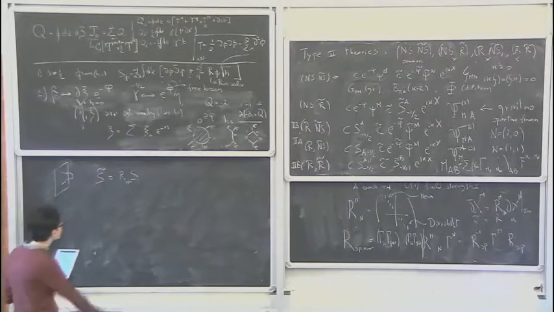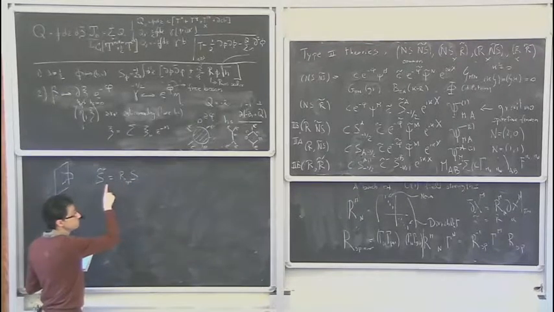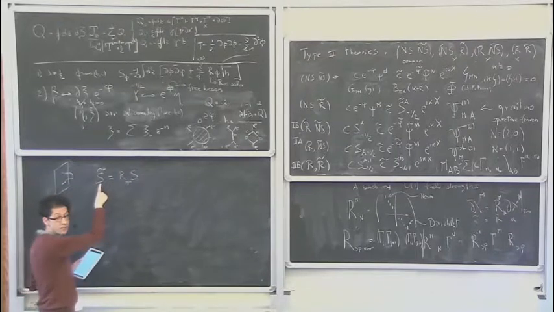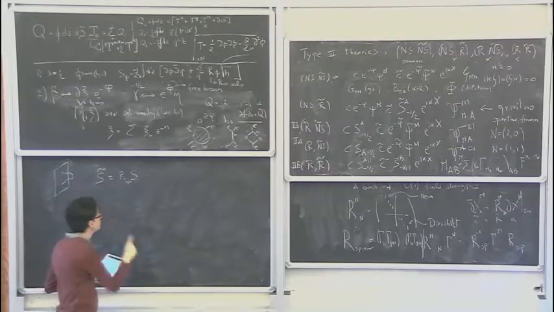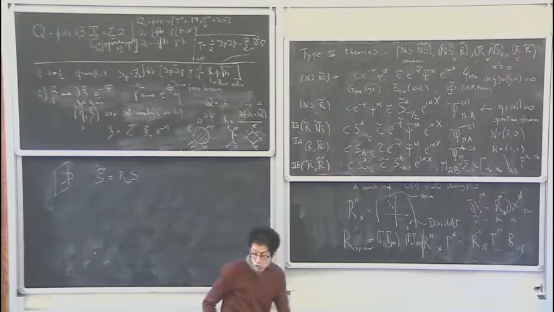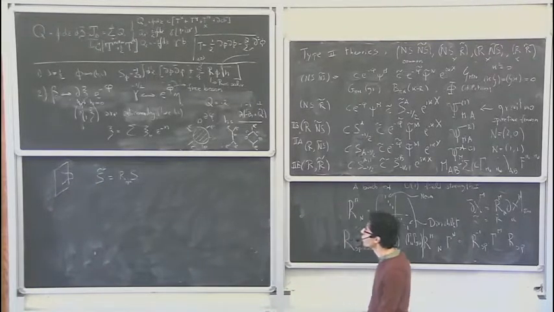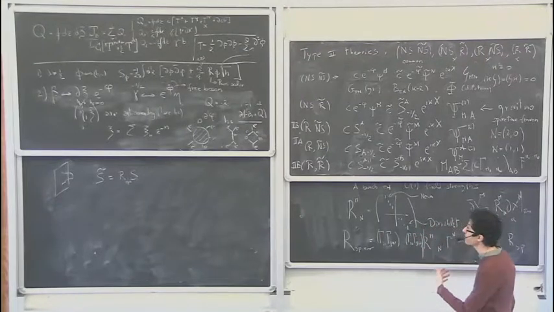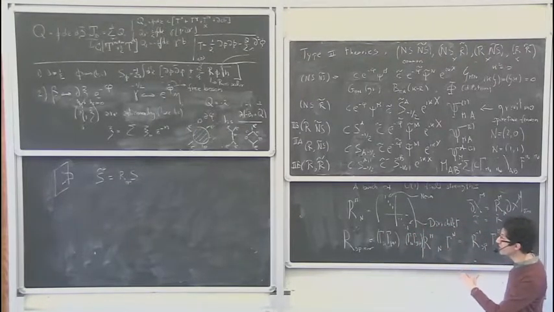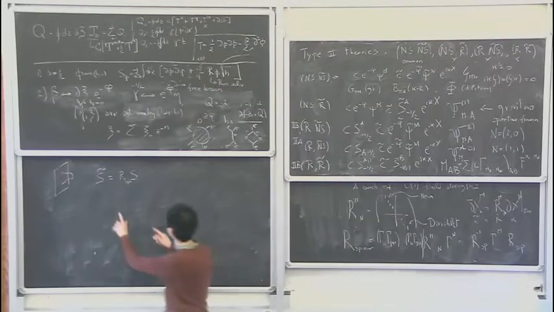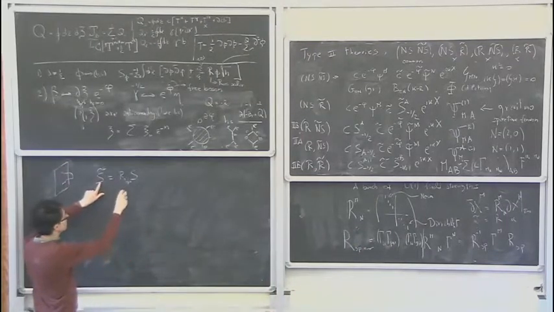Now, it's not obvious you can do that, right? Because this guy should have the same chirality as this guy at the end. And so, if you check, you will see that in type 2A and type 2B, where these two objects have opposite chirality, right?